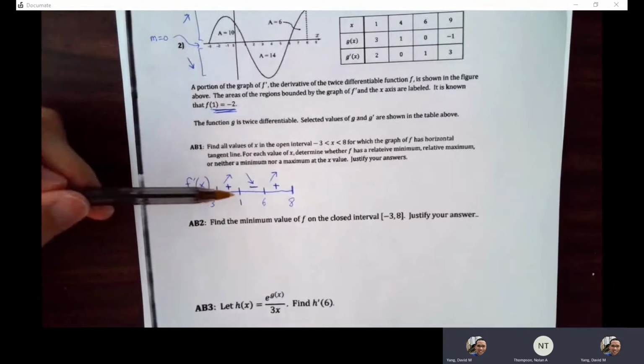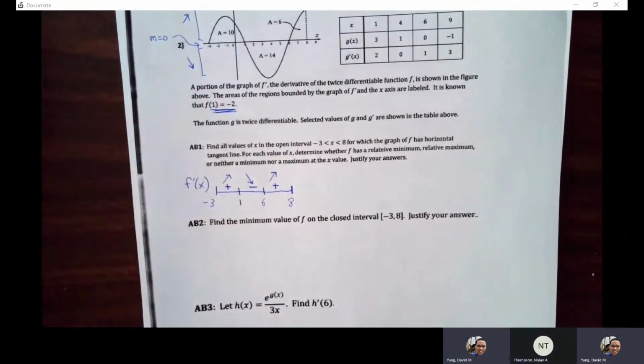So we can confirm that there's a relative max at 1 and there's a relative min at 6.